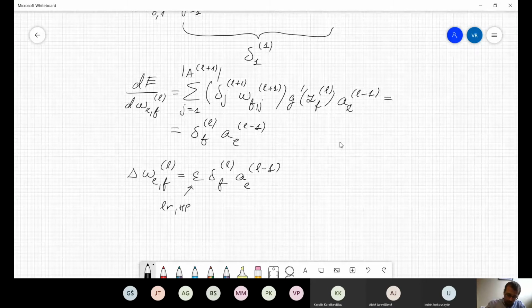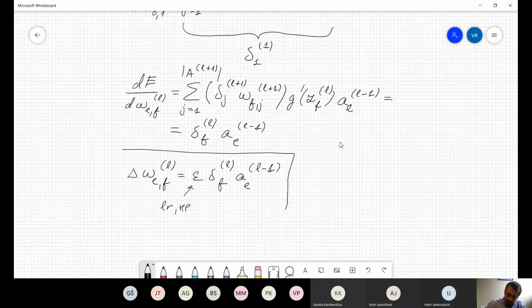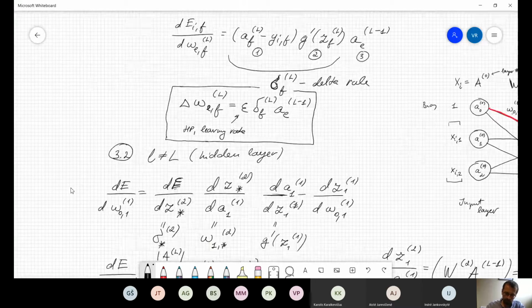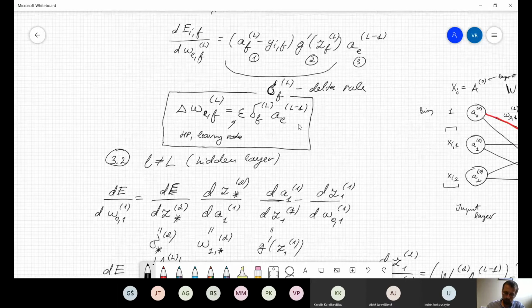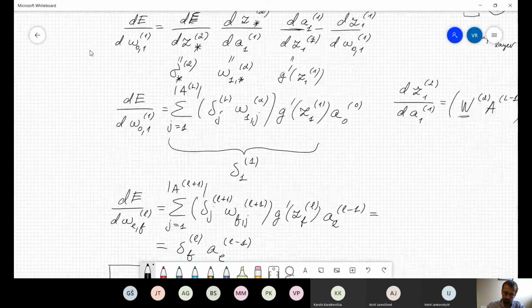And as you can see, this gradient is exactly the same as the one we had over here.